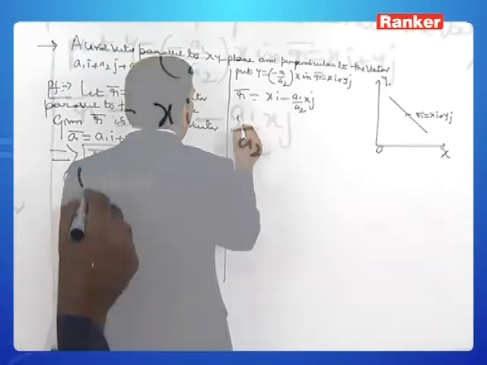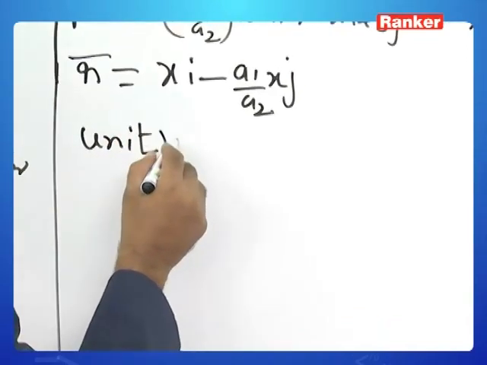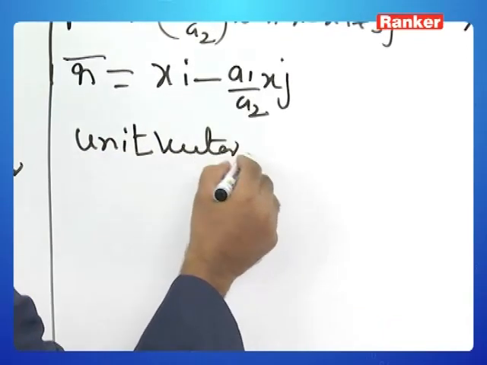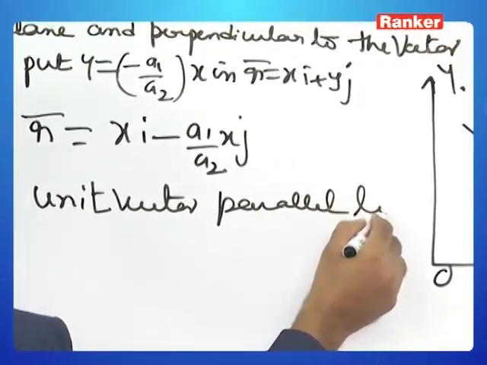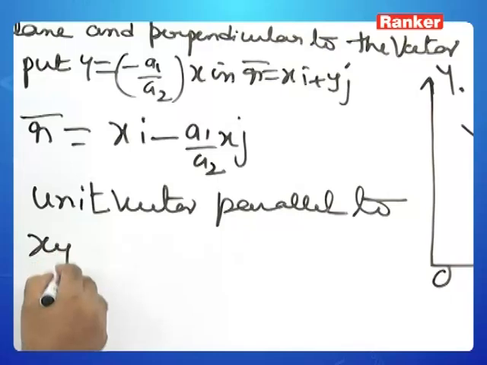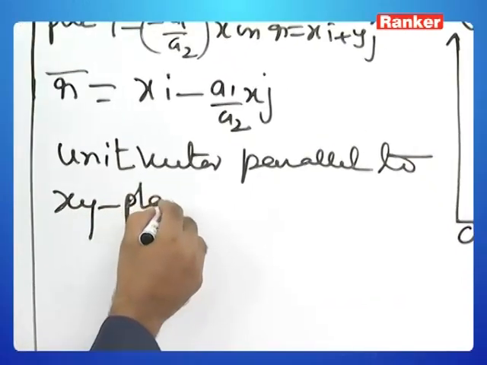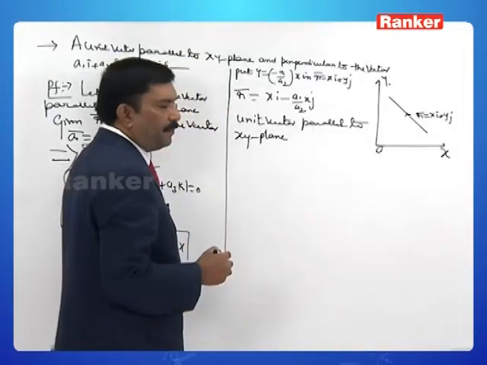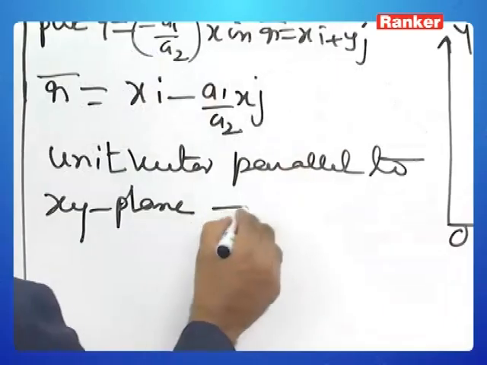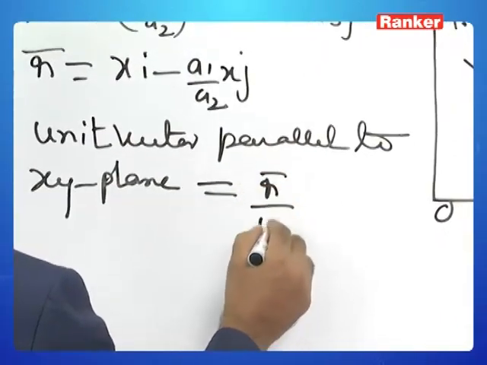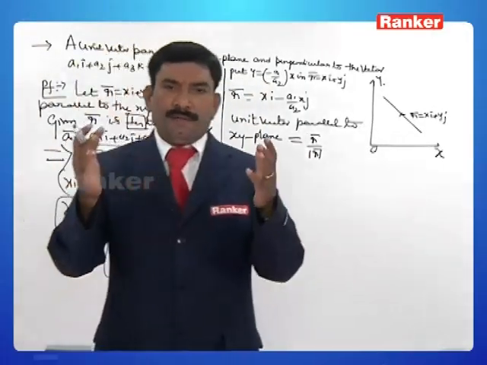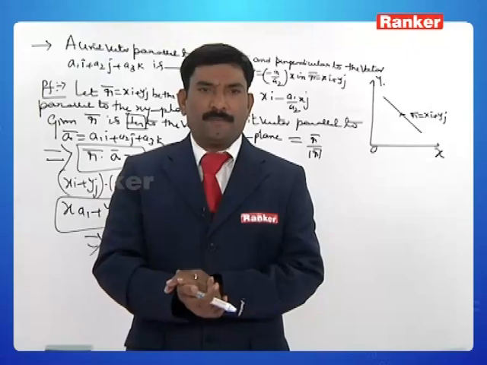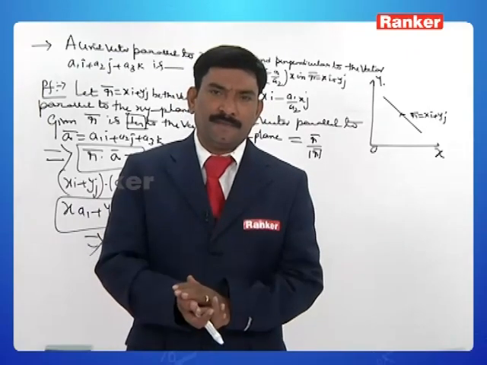Now I want the unit vector. What is the unit vector? Unit vector parallel to xy plane is equal to r bar by modulus of r bar. You can take them as either plus or minus.